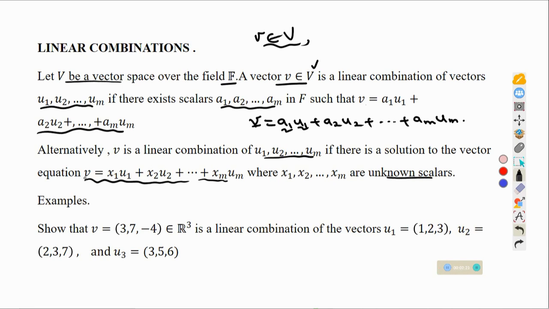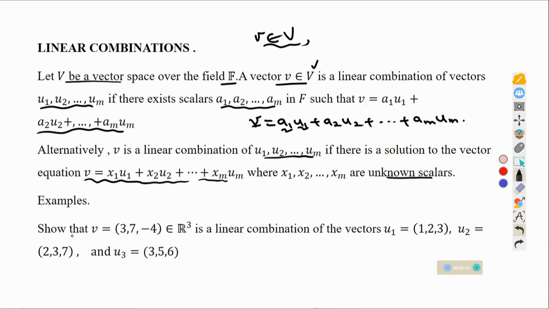So if this vector equation has a solution, then you will be able to say v can be expressed in terms of a combination of these vectors u1, u2 up to um. We shall look at examples to understand better what a linear combination is.